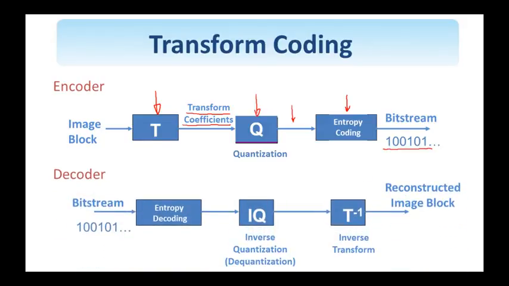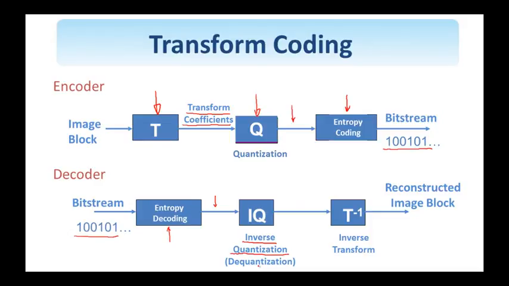Now, the decoder is undoing the steps of the encoder. So the binary bit stream is entropy decoded, and here the symbols, which are the quantized transform coefficients, are inverse quantized. This is actually a misnomer because quantization is an irreversible process.